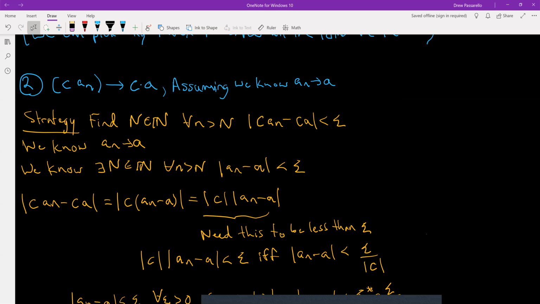That's our goal. We can use the knowledge that a_n converges to A. What that means is that there's some capital N for which all little n bigger than that have |a_n minus A| less than epsilon. This is true for any epsilon.